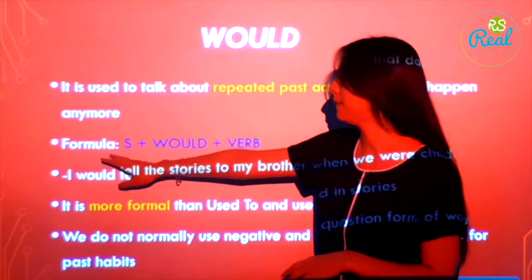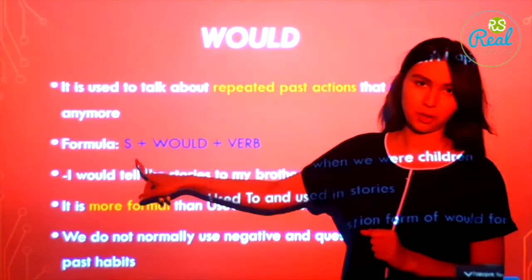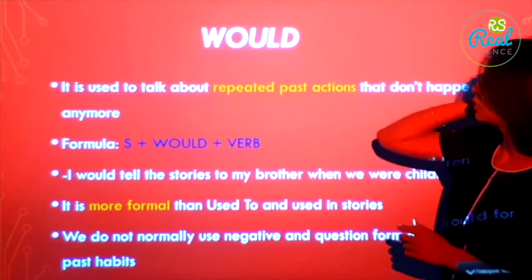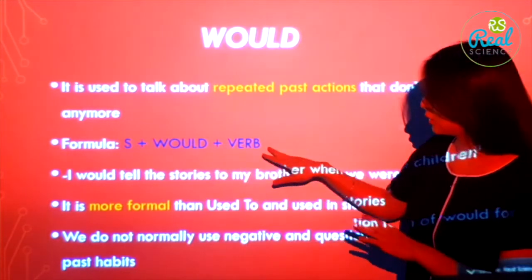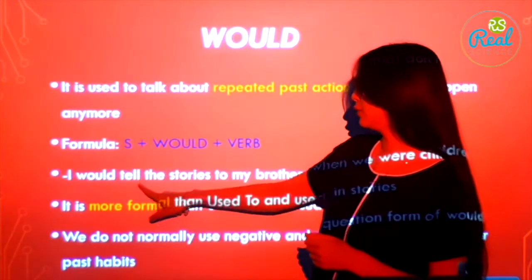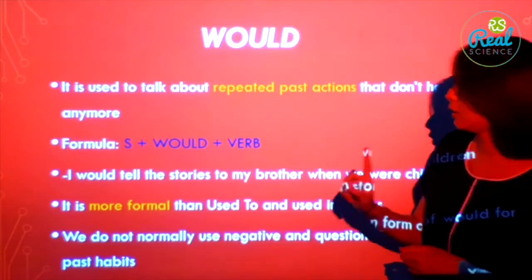Now let's look at the formula. Subject plus would plus verb. So this is the formula, and we have one more difference, which I will explain in the next slide. This is the easy one. Now let's look at the example. I would tell stories to my brother when we were children.